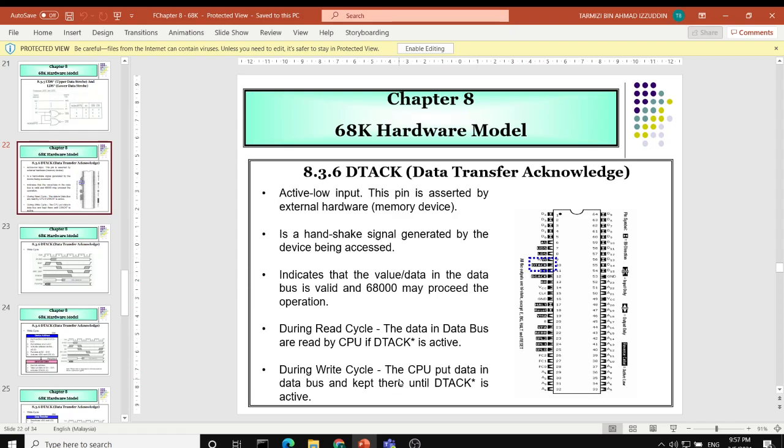And during the write cycle, the CPU will keep the data on the data bus until DTACK is active. So this is what DTACK is.